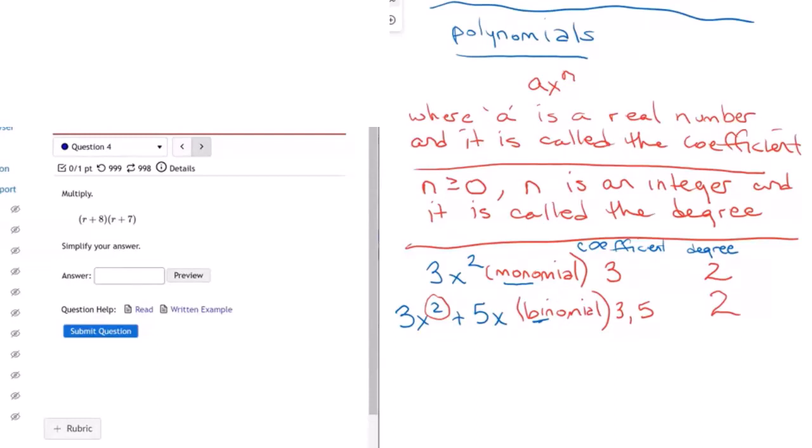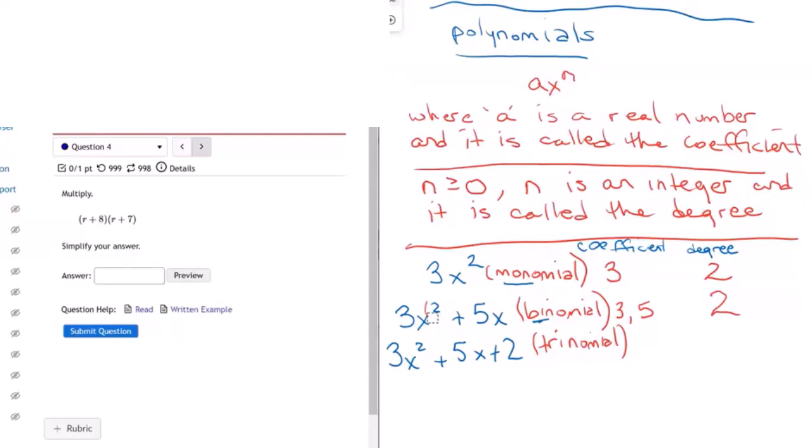And lastly, let's just use the same numbers, 3x squared plus 5x plus 2. Now, this is called a trinomial because tri means 3. And now we have 3 terms, don't we? Yeah.